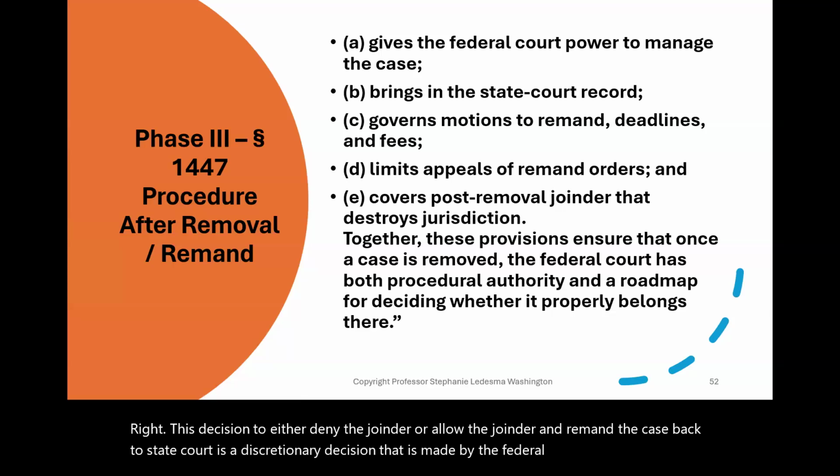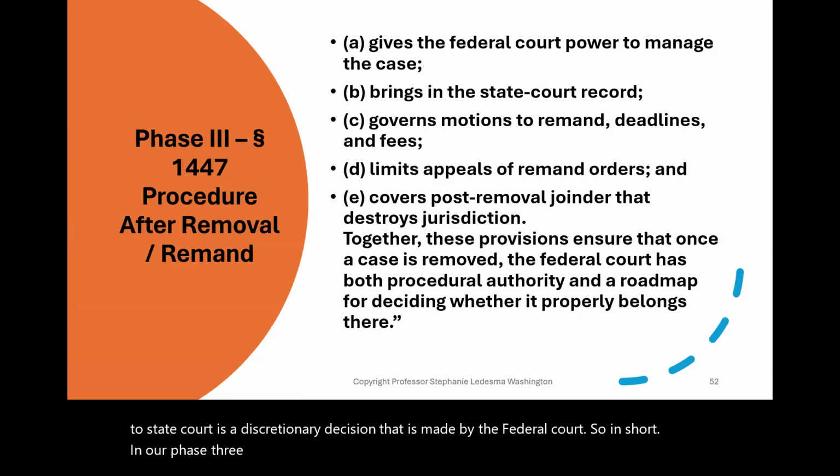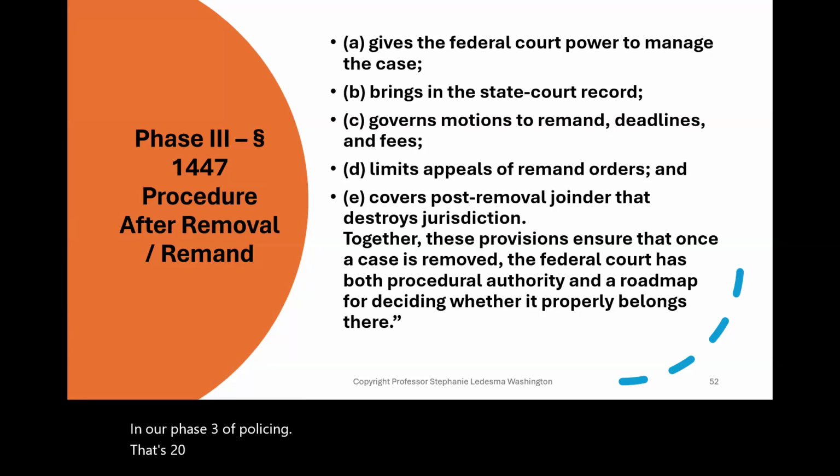So in short, in phase 3 of removal, that's 28 U.S.C. 1447, we have some procedure after the removal. It gives the federal court power to manage the case, right? Brings in the state court record, right?